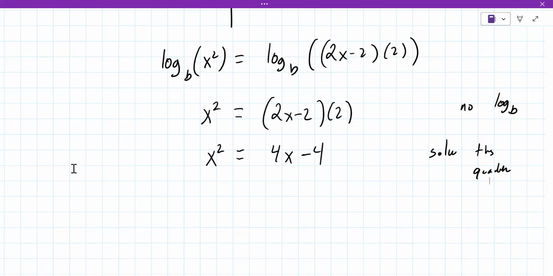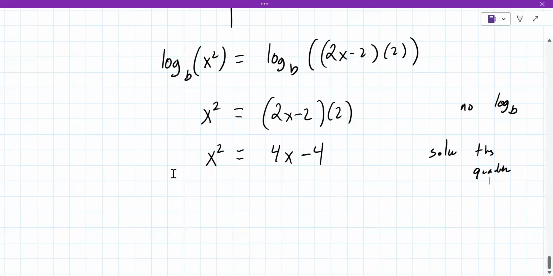It's the most common method, and it seems to work a lot. So it would be x plus 4. No, wait. There's a -4, so it'd be x minus 4 in both parentheses.